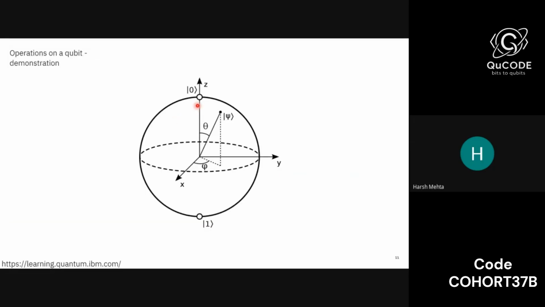I think you are all already familiar with the Bloch sphere, and if not, let me explain it very briefly. The Bloch sphere is something that we use to represent the state of a qubit. Let's say this is my z-axis, this is my x-axis, and this is my y-axis. If I consider my qubit to be in the state 0, then it will be over here. If I consider my qubit to be in the state 1, then it will be over here.